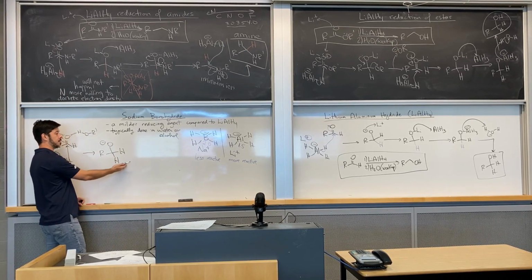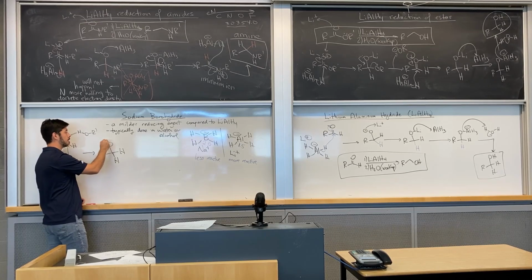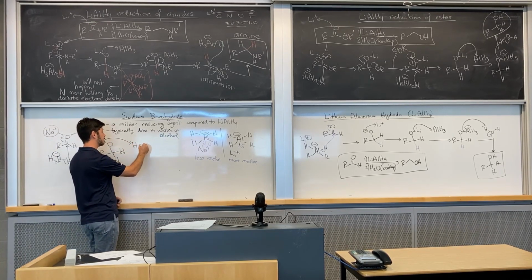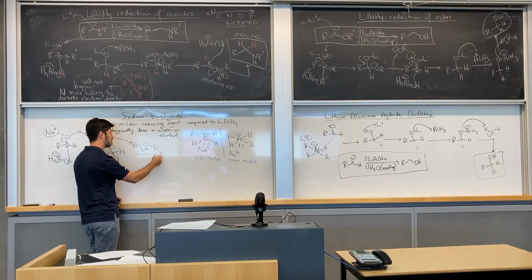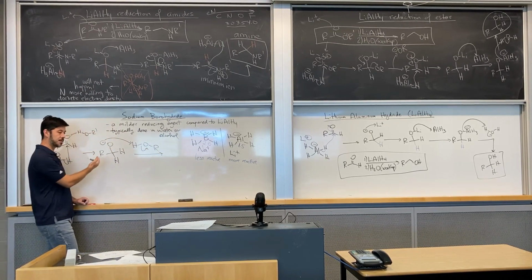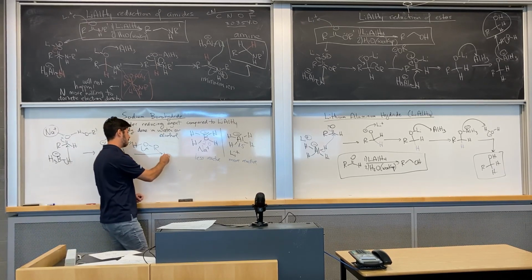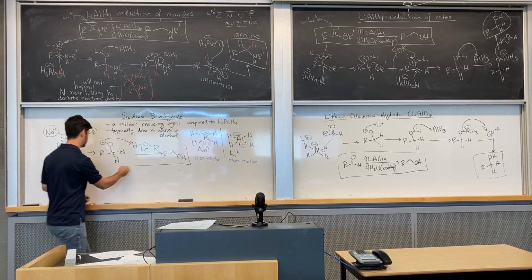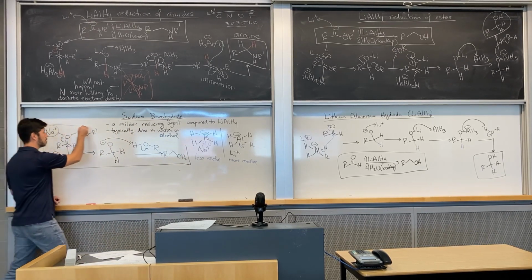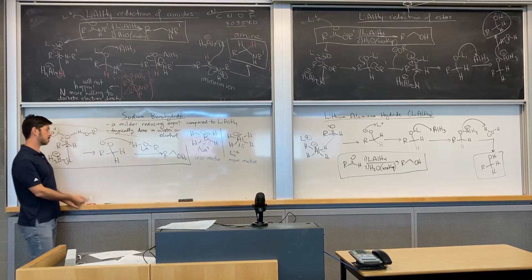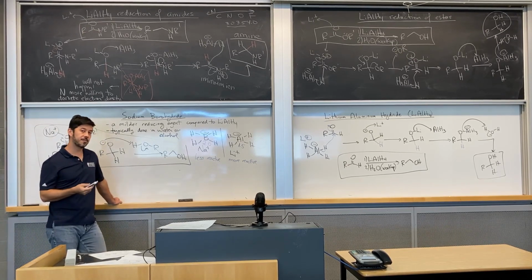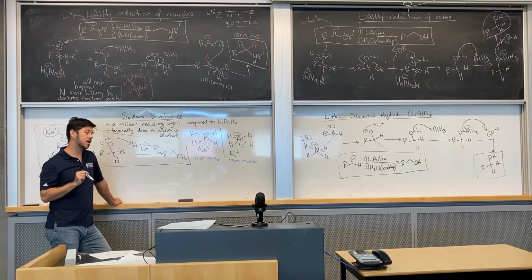You generate this alkoxide, and then because we are in a protic solvent, either water or methanol will transfer a proton to the O-, and you'll generate your alcohol. Okay, so that works for aldehydes, and would work the same type of mechanism for ketones as well.